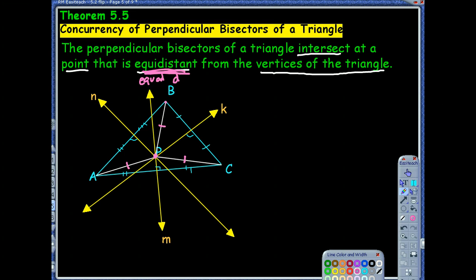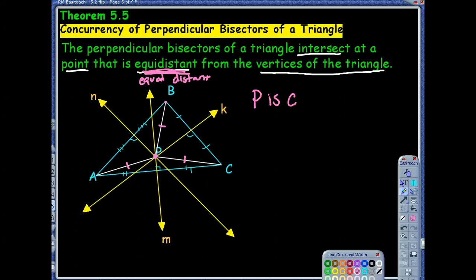So if I was applying this, I would have to first know I had some perpendicular bisectors, and I would know that they all meet at point P. I'm just going to write down that P is the circumcenter. You got it.